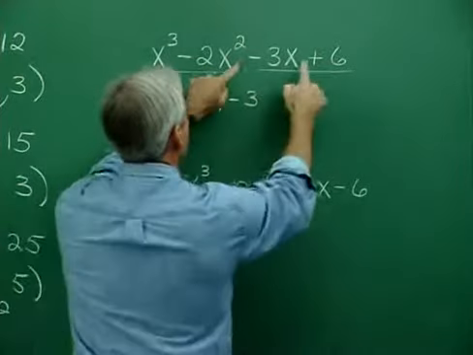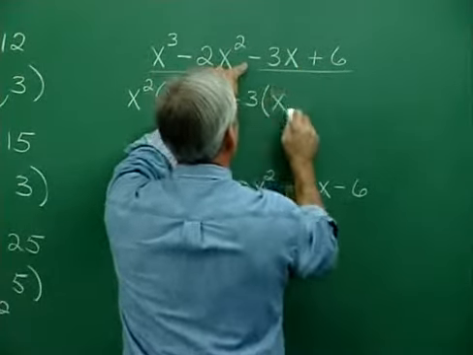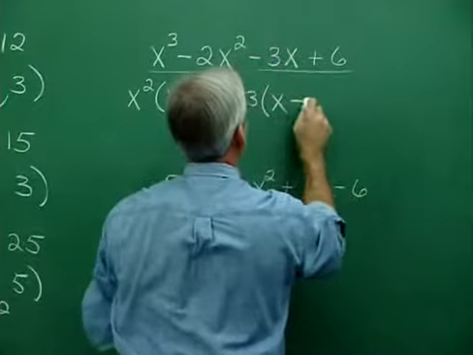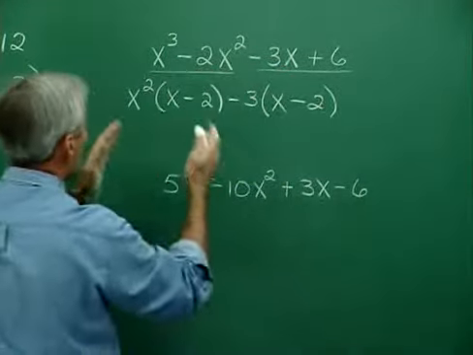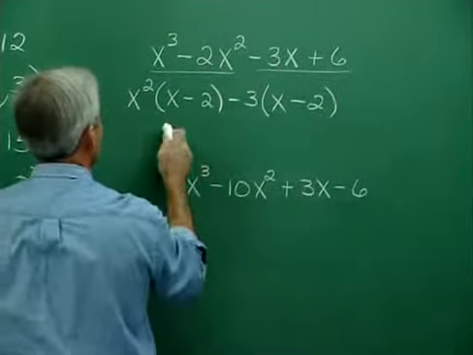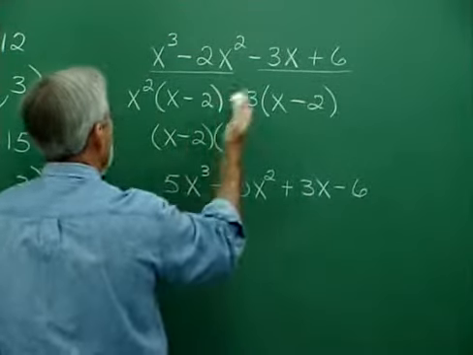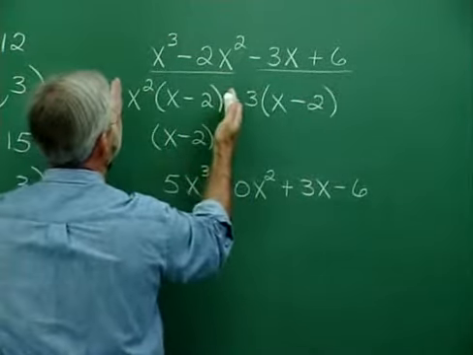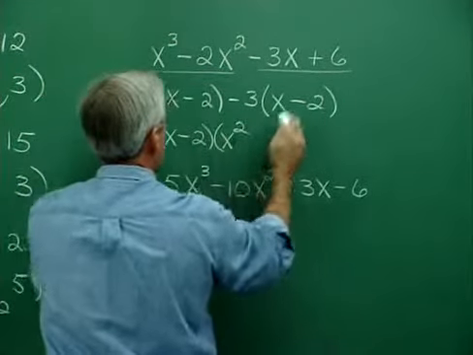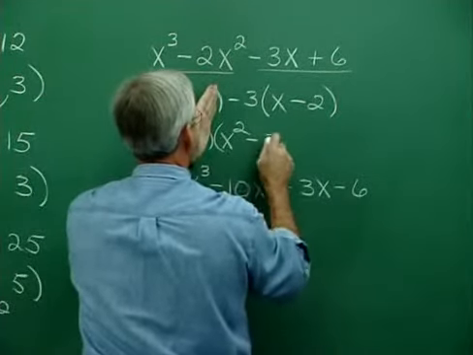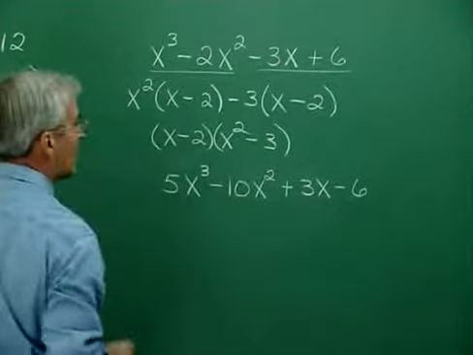So negative 3 out of this term would leave x, and negative 3 out of this would leave minus 2. Now I have x minus 2 in both of these, so I can pull x minus 2 out of each of these terms. X minus 2 out of this term leaves x squared, and x minus 2 out of this term leaves minus 3. So our correct factored form.